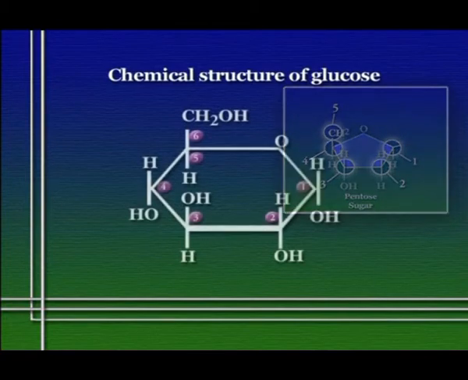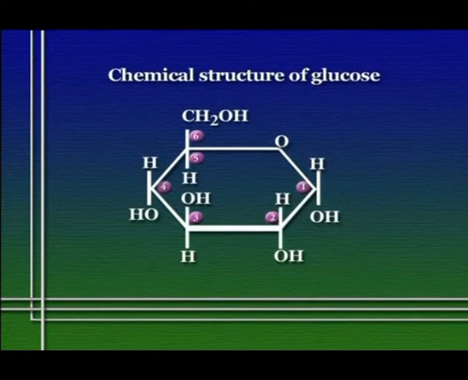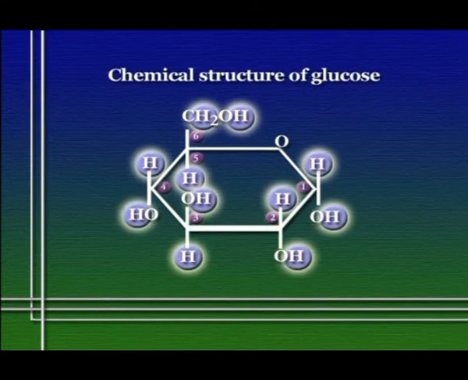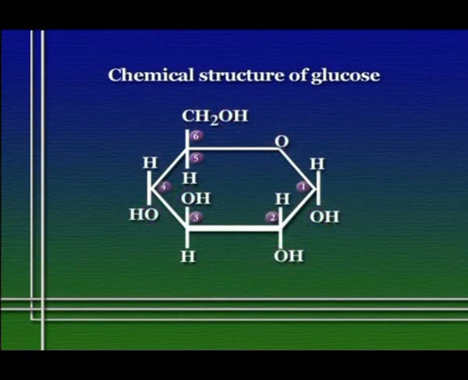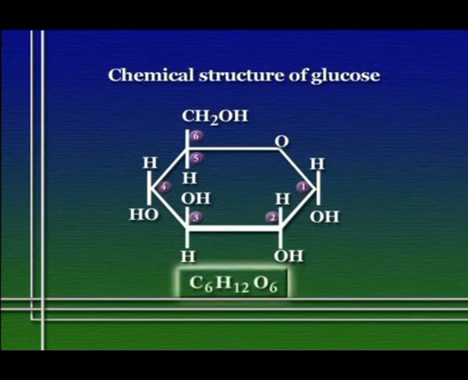Now, the exact details of the molecular structure of glucose don't really matter to us. But if we count the numbers of different types of atoms that make up a glucose molecule, we'd end up with the following. We'd end up with 6 carbon atoms, 12 hydrogen atoms, and 6 oxygen atoms. So if we were going to write the chemical formula of glucose, we would write C6H12O6.